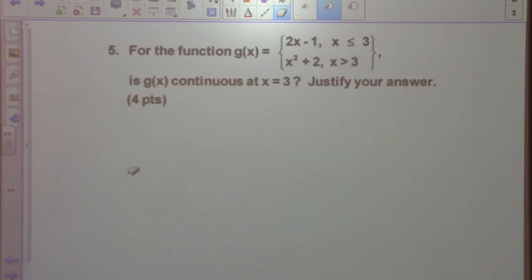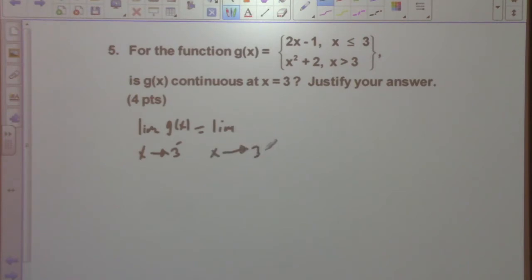Is g of x continuous at x equals 3? Justify your answer. So what I would do here is I'd say the limit as x approaches 3 from the left side of g of x equals the limit as x approaches 3 from the right side of g of x. Another thing is we have the 3 conditions, and we know that g of 3 exists, right?